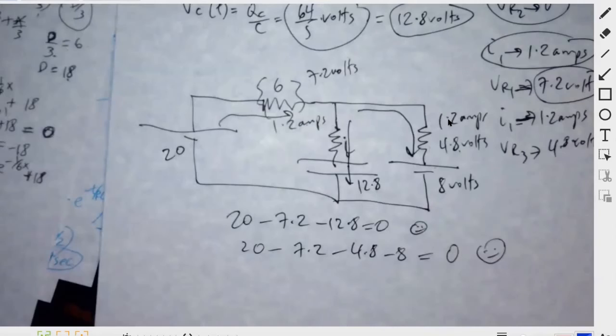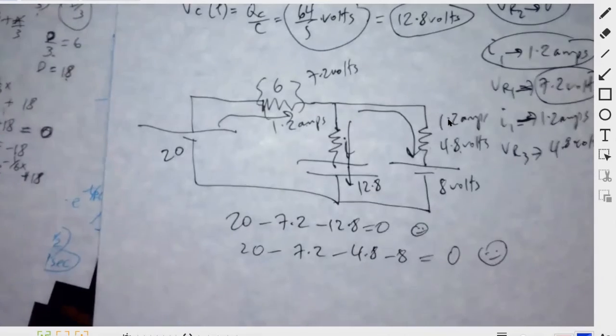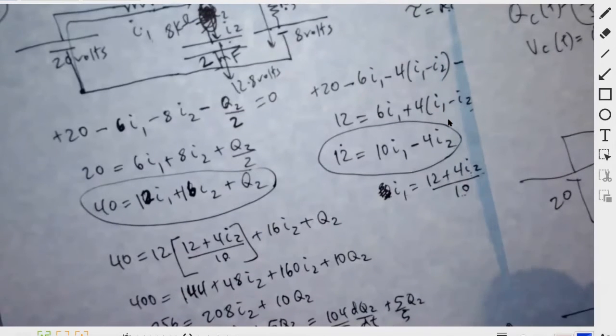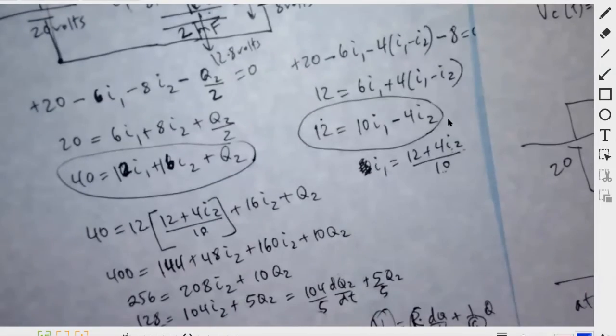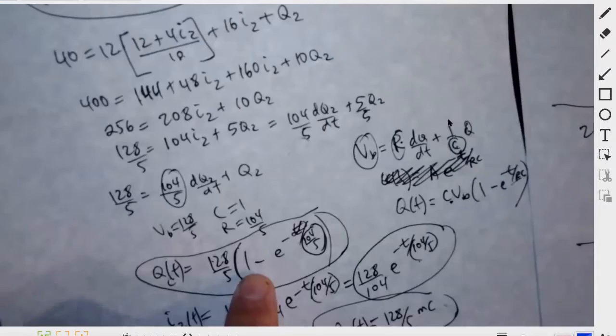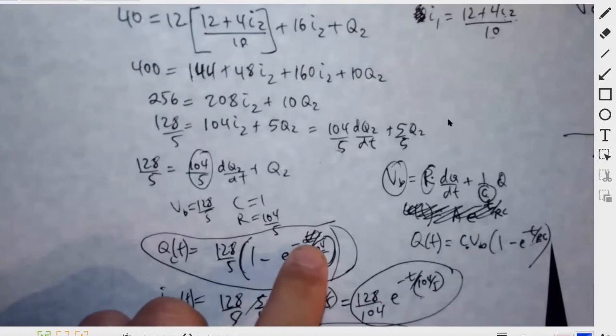How about at t equals 0? What are all the values? At t equals 0, when you first connect them, you do the opposite. You say 1 minus e to the 0.